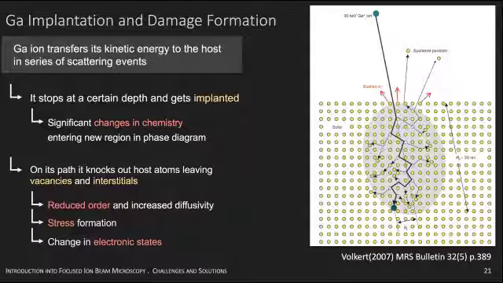Everybody who is preparing TEM samples has painful experiences where, as soon as the sample gets thin, the surface stresses that we're inducing start to bend the sample, and then it gets very difficult to handle. In terms of optical properties, we always need to be aware that these defects change the electronic state and therefore can generate additional signals.